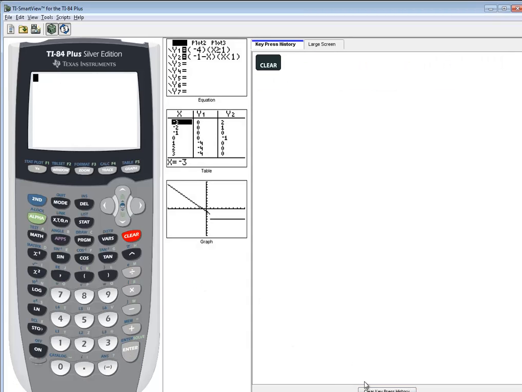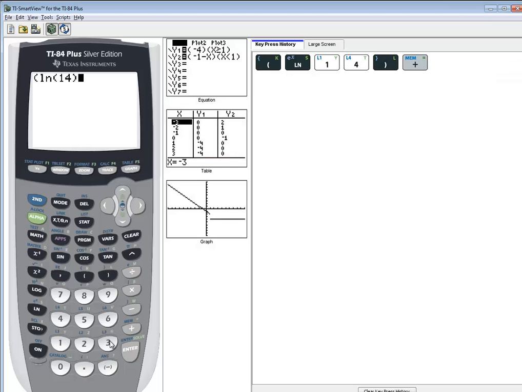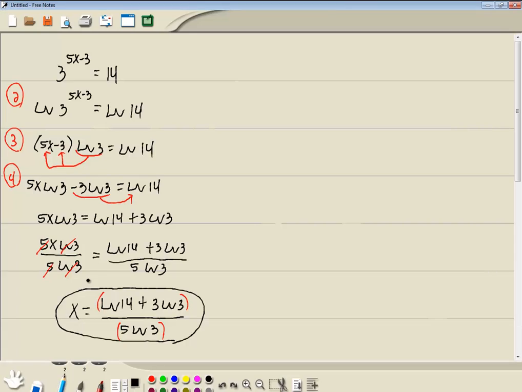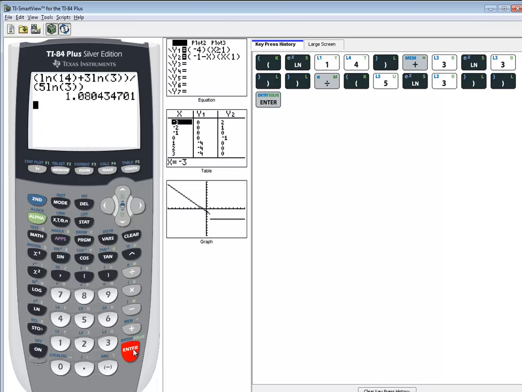So I'll do beginning parentheses and then natural log of 14. So ln 14, closing parentheses, plus 3, natural log of 3, closing parentheses on the 3, that log, closing parentheses on the numerator, divided by beginning parentheses on the bottom part, and 5, natural log of 3, closing parentheses on natural log, closing parentheses on denominator, and then press enter.